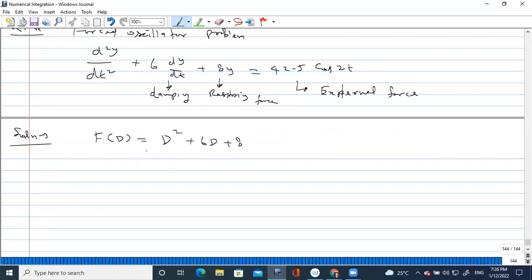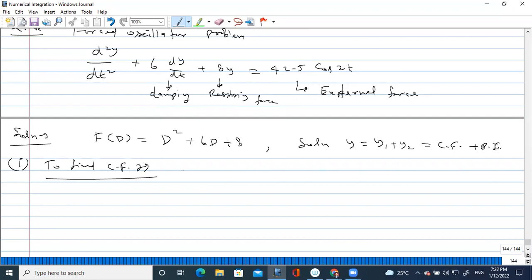So now I have to find the solution, which will be y equal to y1 plus y2, or you can write complementary function plus particular integral. So first, to find the complementary function, you have to find the auxiliary equation first.